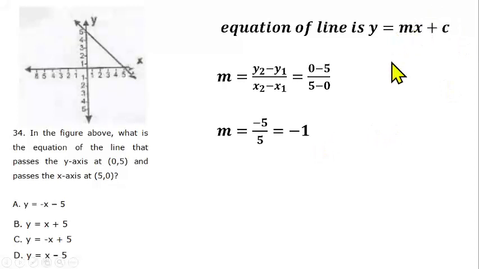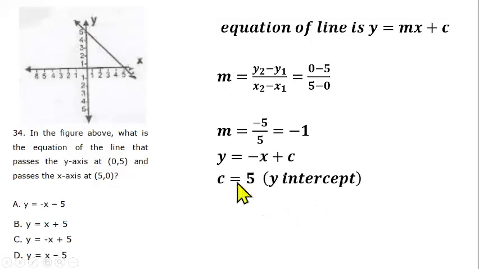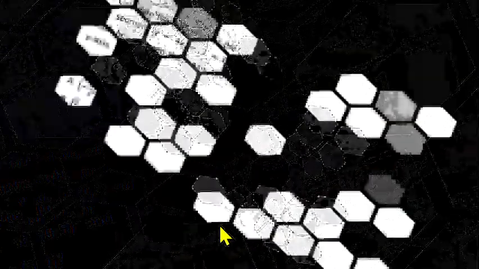If you put that here, we have y equals, our gradient is minus 1, so minus 1 times x gives us minus x plus c. Our c is the y-intercept, so where this line intercepts the y-axis is at 5, so c is equal to 5, which is the y-intercept. So put that there, you have y equals minus x plus 5, and that makes option C the correct option for question number 34.